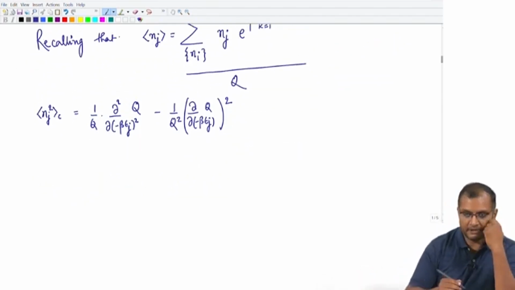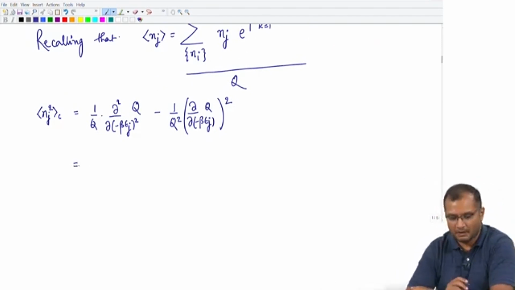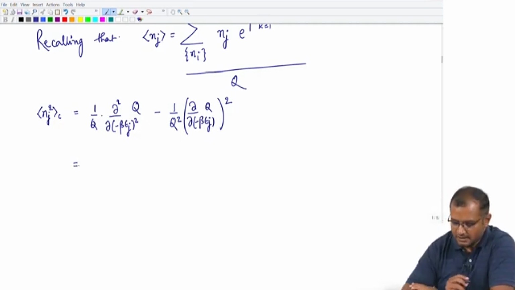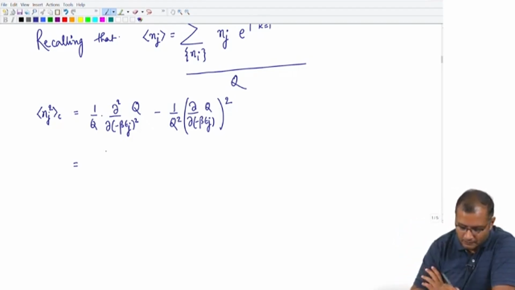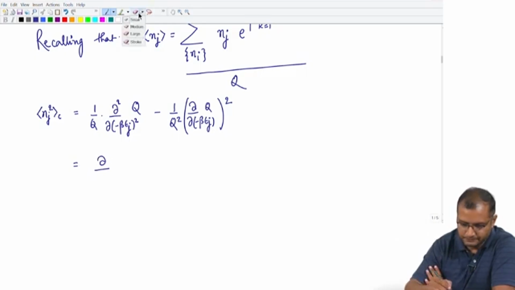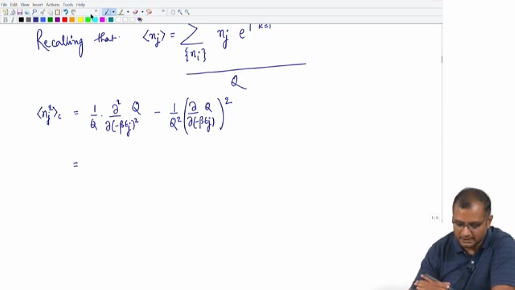And just a simple rearrangement of terms is required here. So, what we can do here is to see for the fact that I can write it as d over d E j, and we have been doing this many times now.